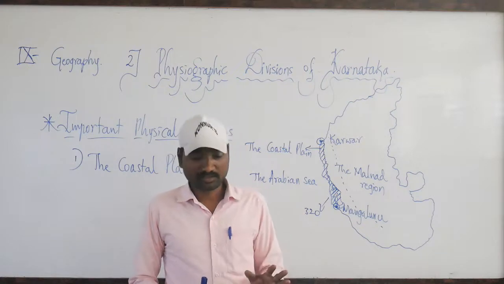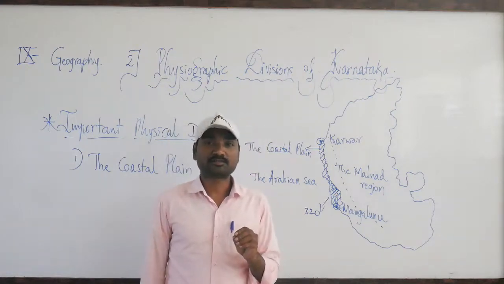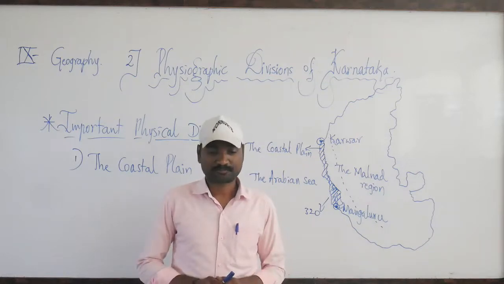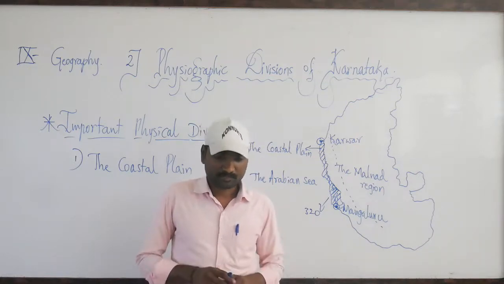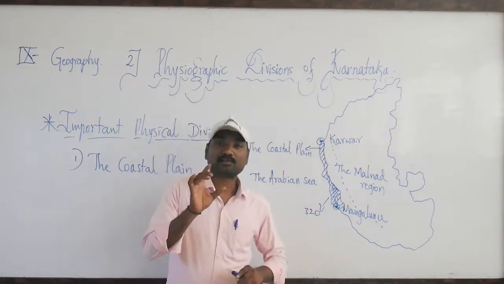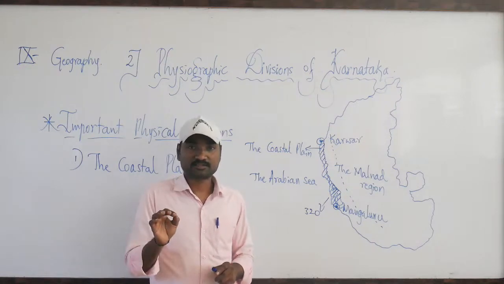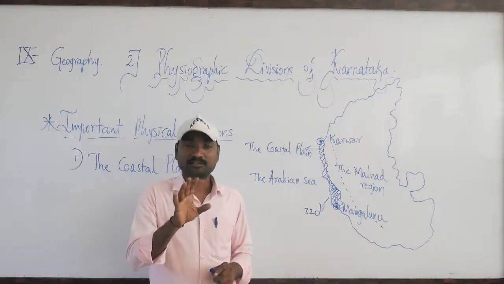Anjadiva near Karwar, these are the major beaches of Karnataka. Apart from this, Devgarh and Kanchigudda islands are notable. These islands and beaches attract tourists.